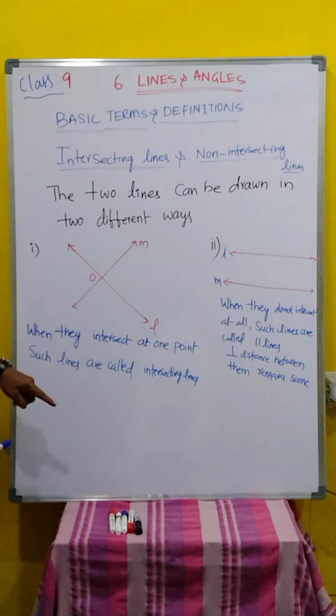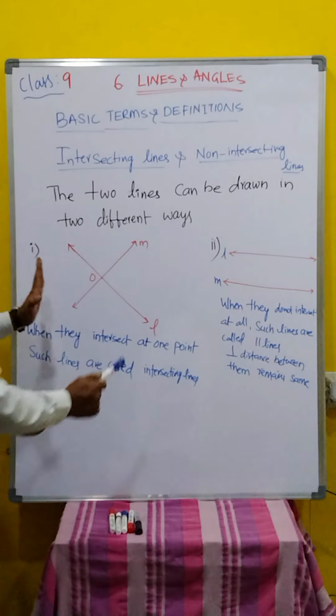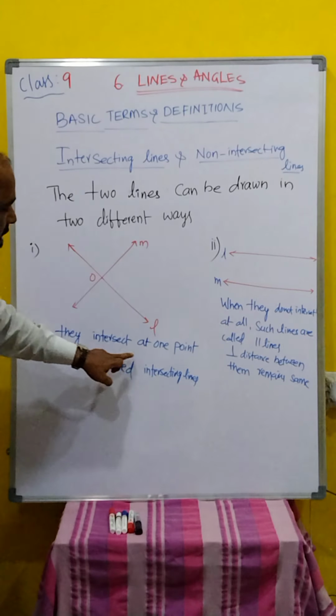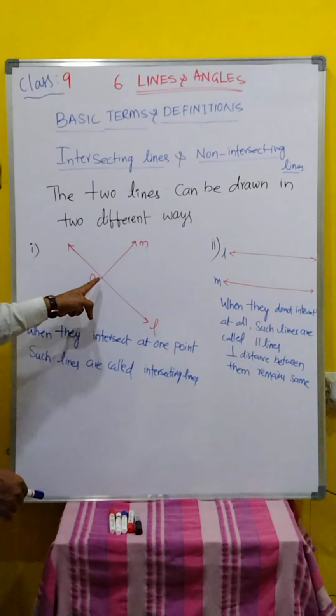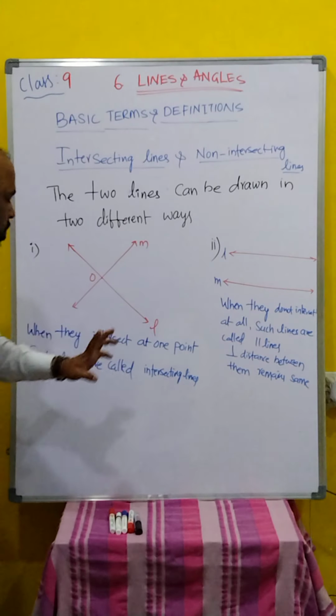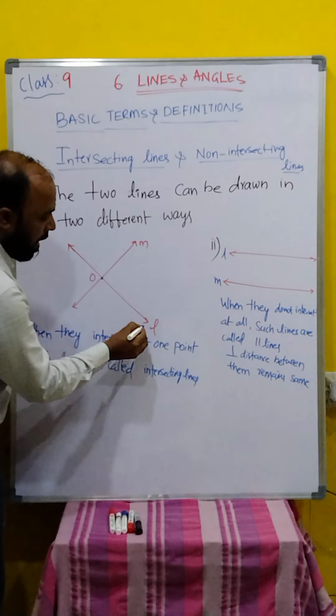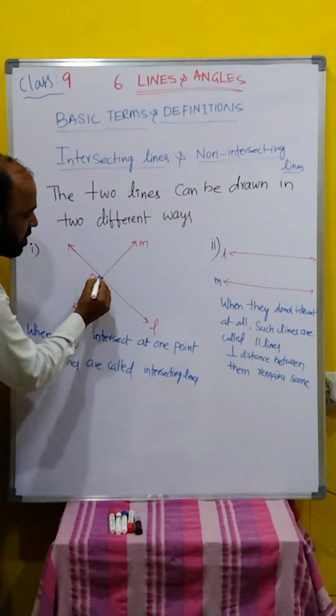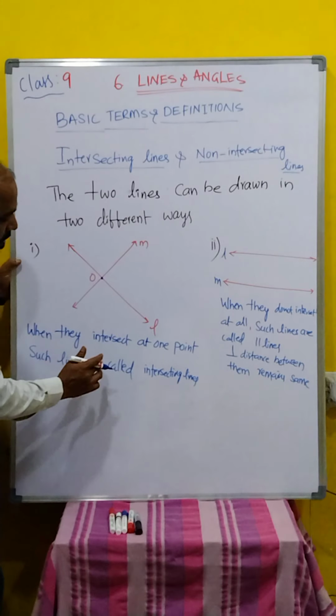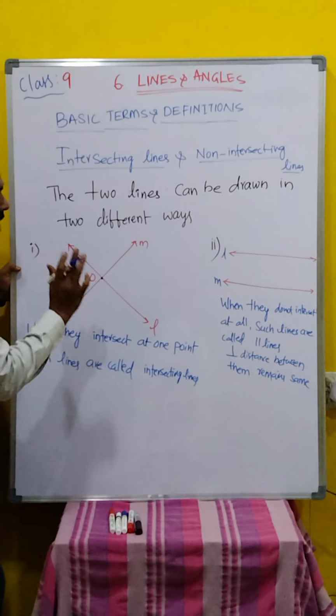When intersecting lines, first one, what are intersecting lines? We will check here. When they intersect at one point, such lines are called intersecting lines. This L and M both are intersecting at O. These two are called intersecting lines.